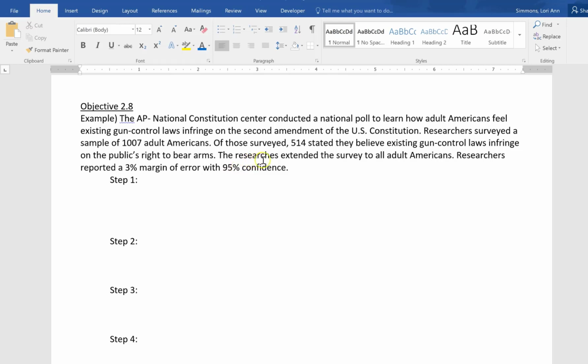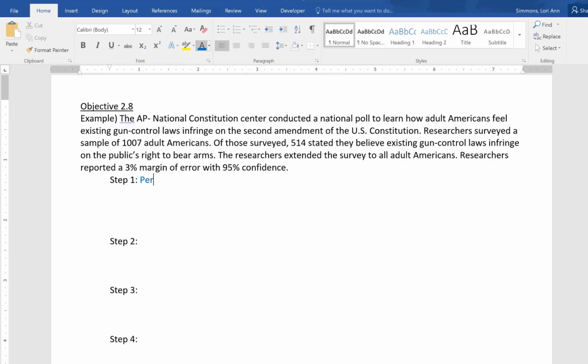The researchers extended the survey to all American adults. Researchers reported a 3% margin of error with 95% confidence. So step 1 is to identify the problem.